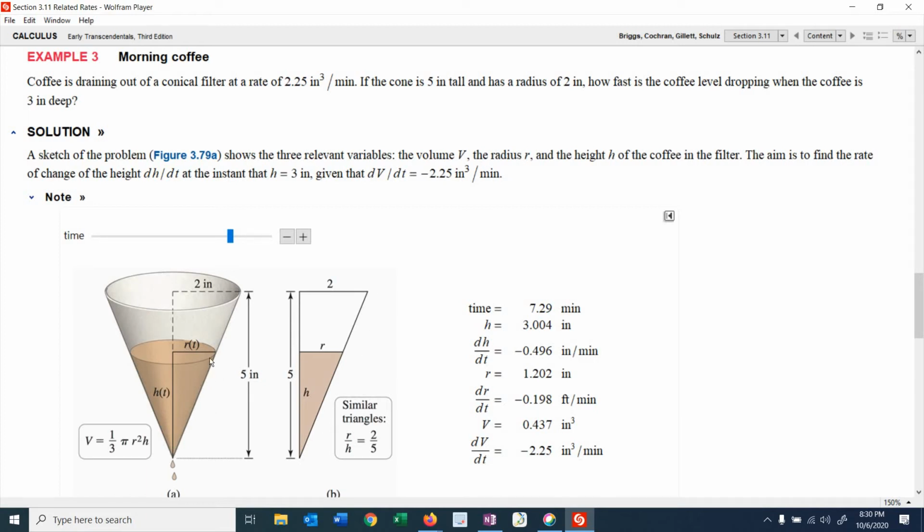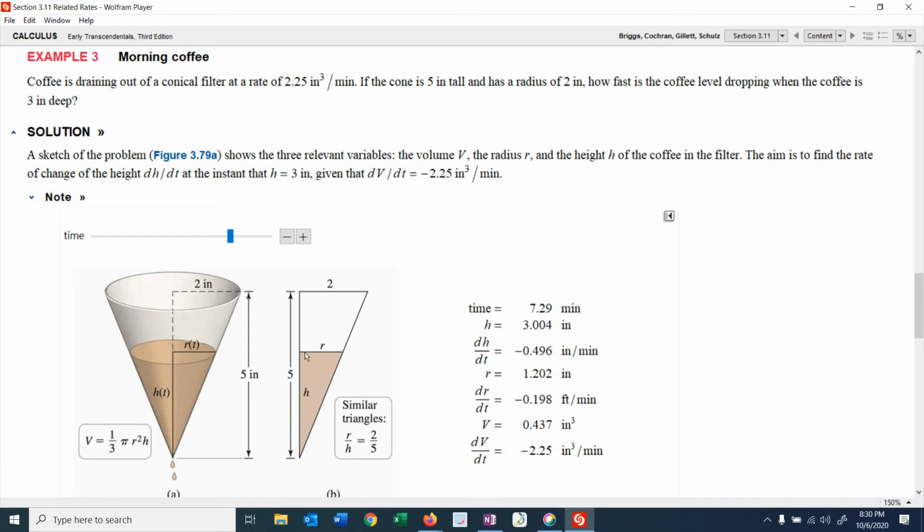Then we also have this smaller triangle, which looks like this. But these are variables. We have the radius of the coffee level at the top, which is circular. That's a variable, r. And then we also have the height of the coffee level. That's also a variable that changes over time.